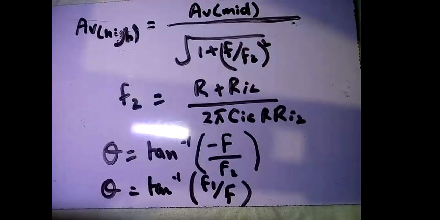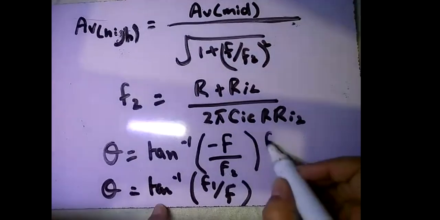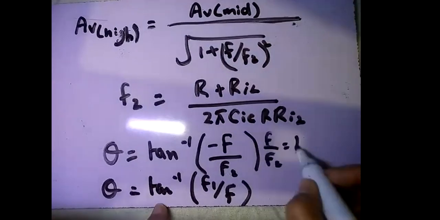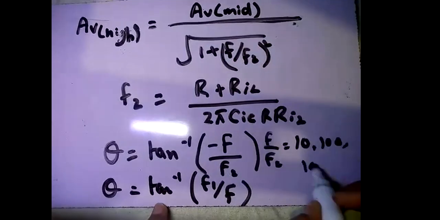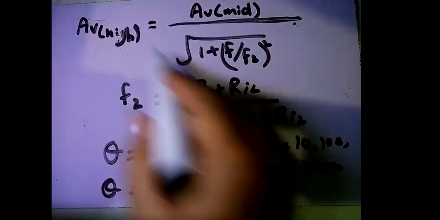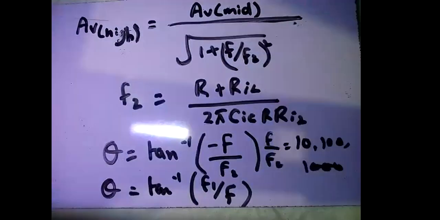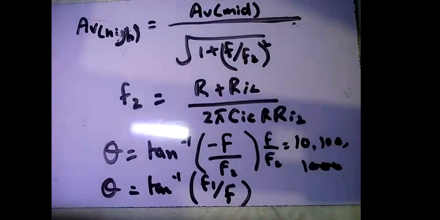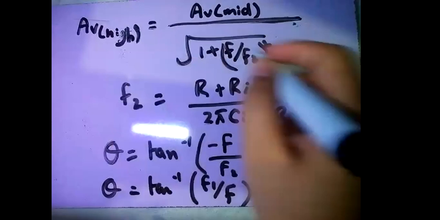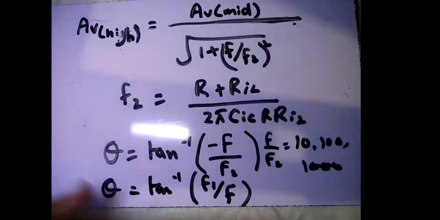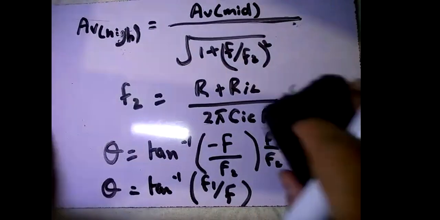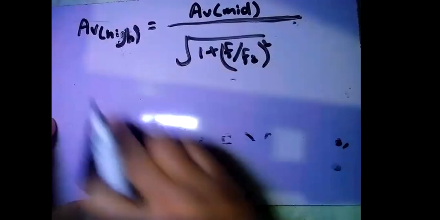Now by putting different values of frequency ratios, f over f2 could be 10, 100 or 1000, in this form you can determine the different gain ratios, that is, the high frequency and low frequency gain ratios.